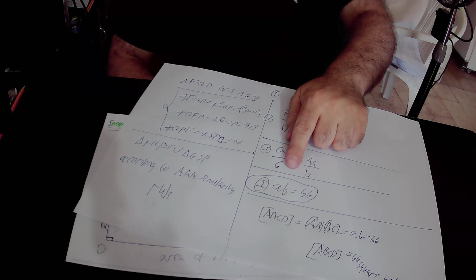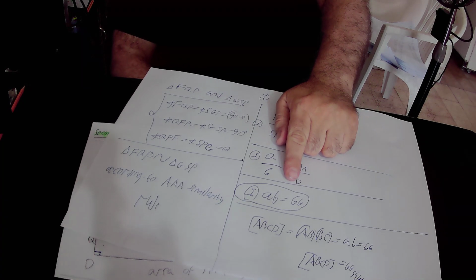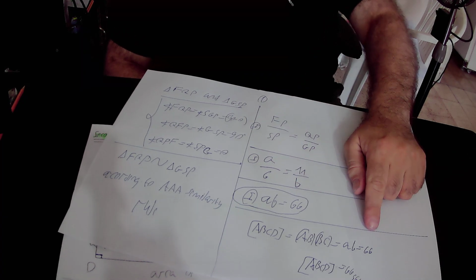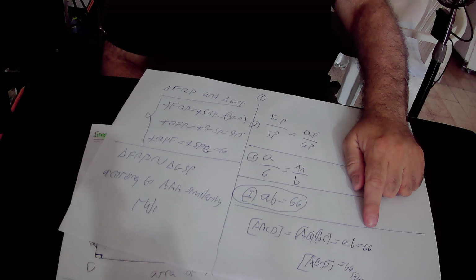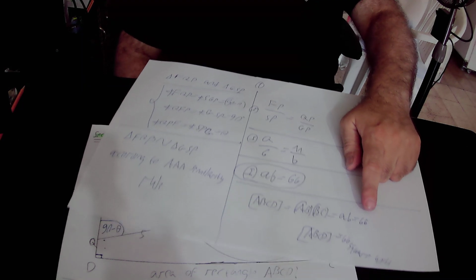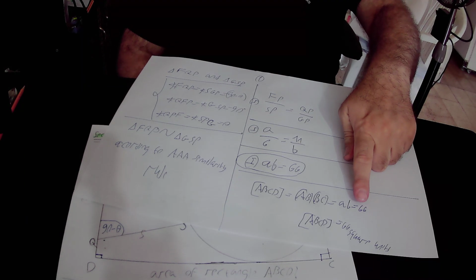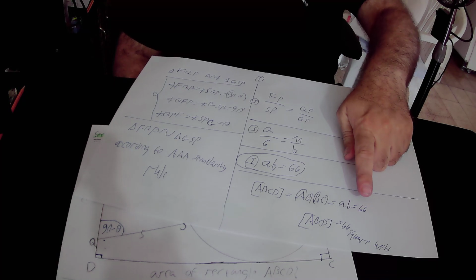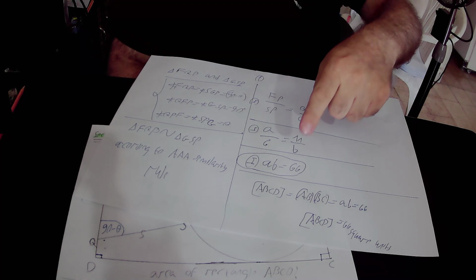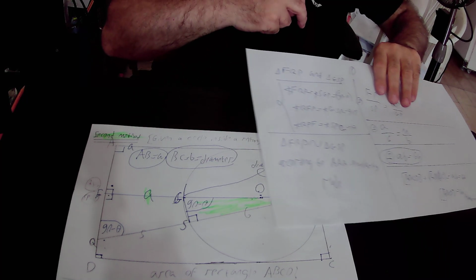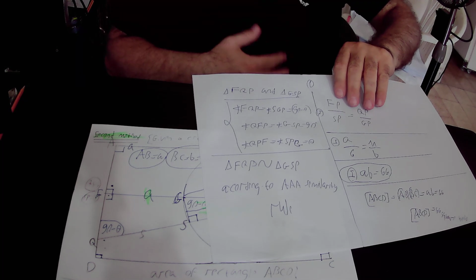Here, according to equation number 1, we found out that A times B equals 66. So in conclusion, the area of rectangle ABCD is equal to 66 square units. So in both methods, we found out that the area of this rectangle ABCD is equal to 66 square units.